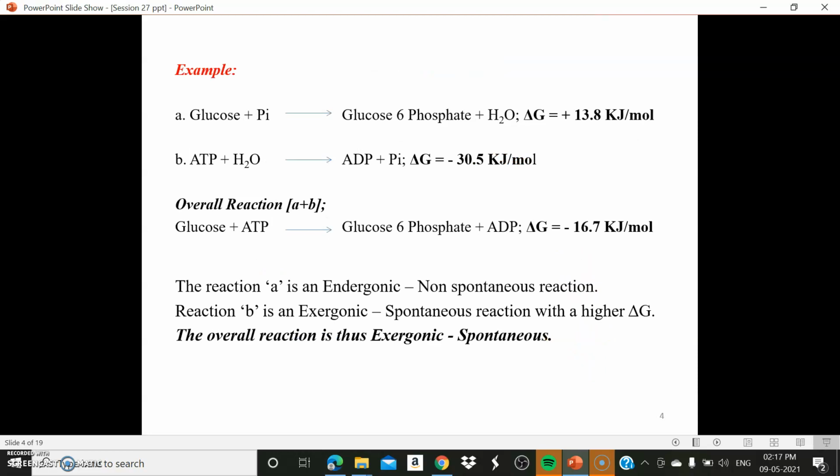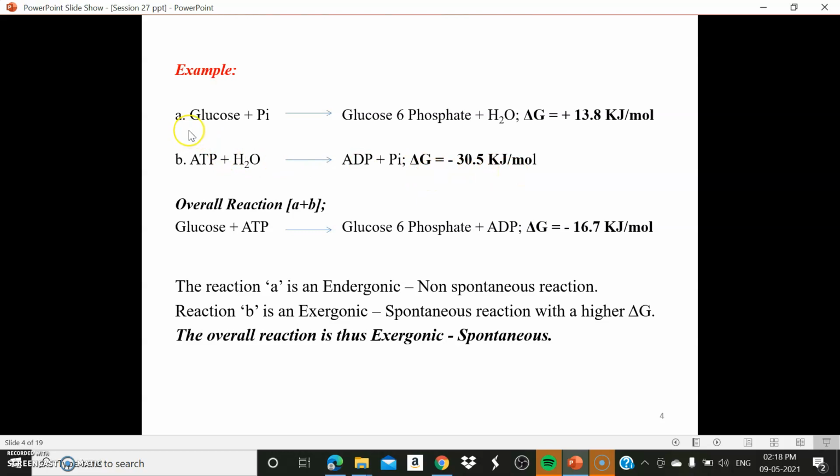In our biological system, in most of these reactions, hydrolysis of ATP is coupled with many other reactions, because you know very well, hydrolysis of ATP is a thermodynamically favorable or exergonic reaction with delta G a negative value.